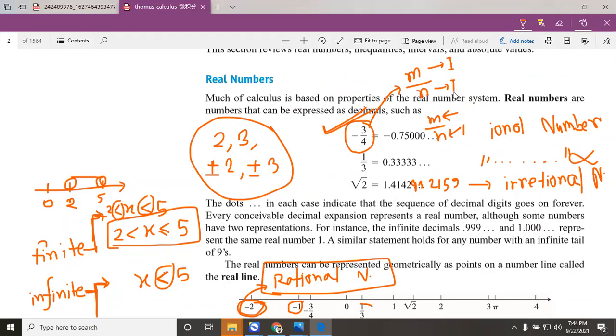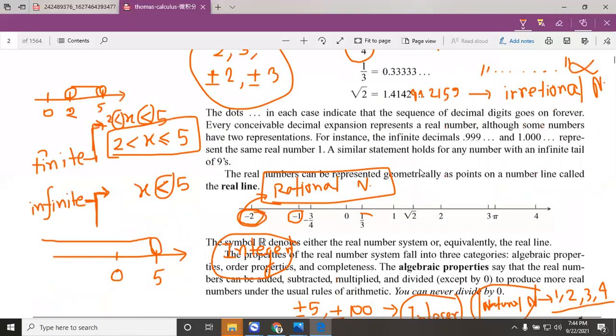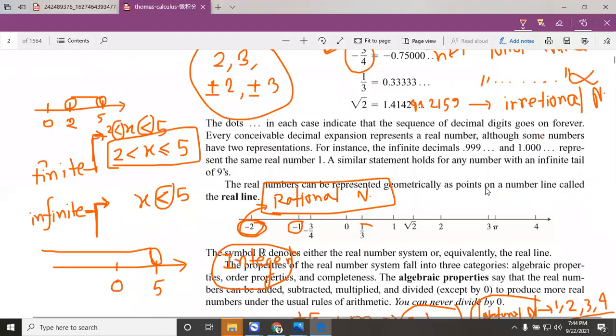Integer means something like plus minus any natural number, like +-7 or +-50, okay. So if anything is like m by n, where m and n both are integers, then that will also be a rational number, okay.